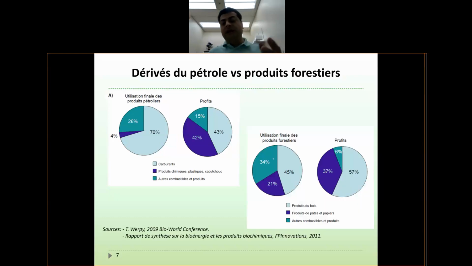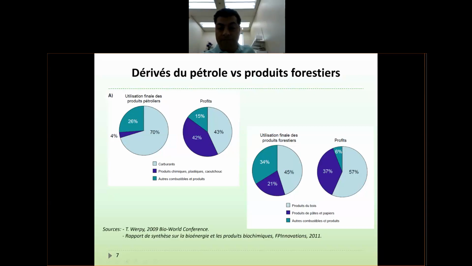But now let's look at, for example, the forestry industry. In the forestry industry, okay, the main products are wood products, pulp and paper, and other fuels and products.